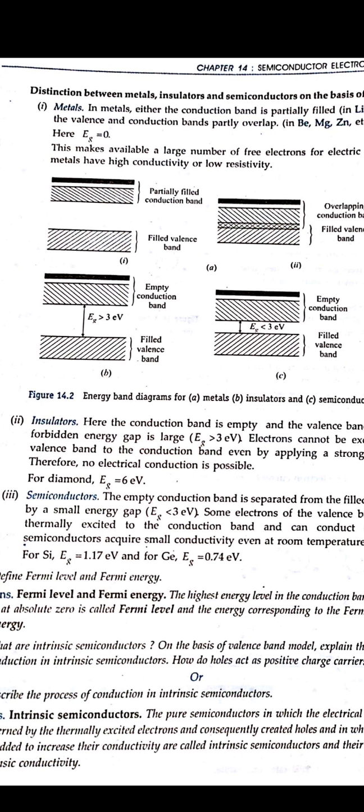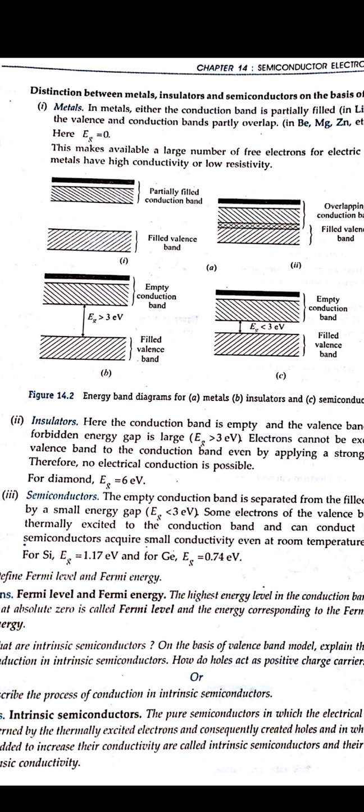Now if you talk about Fermi energy or Fermi level, the highest energy level is in the conduction band, because we know that at the top layer of the energy band of the valence band, the free electrons, or we can say the valence electrons, are there. As you provide energy, these electrons get free and get emitted from the top of the valence band and go to the lower band of the conduction band.